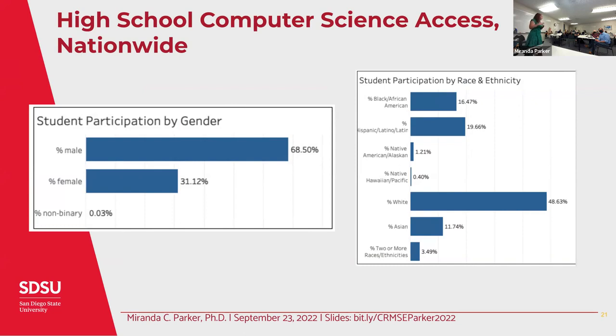So it's about 70-30 male to female ratio for high school computer science courses across the country. And then race and ethnicity, 50% white. And those numbers are changing every year, but it's not a great representation of the country.